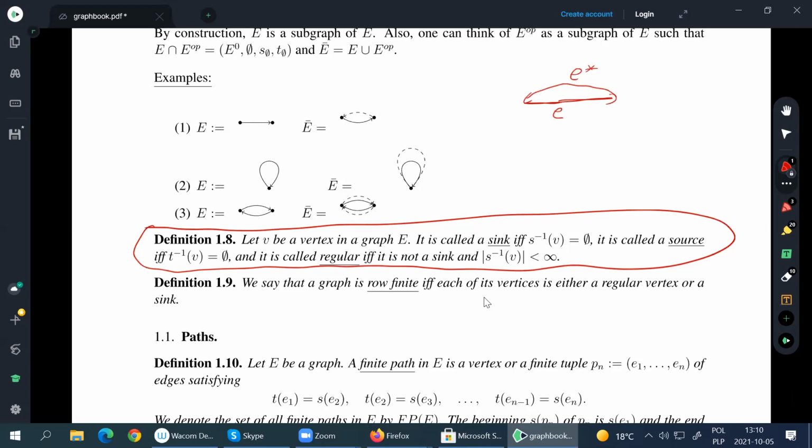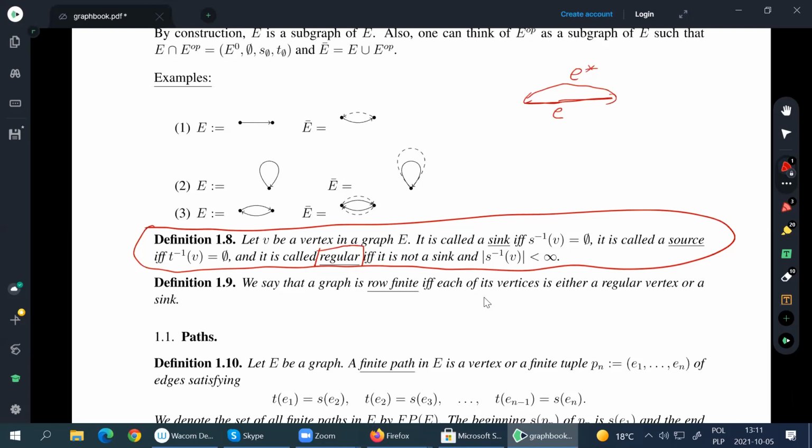And what is very important for us is called regular when, first, it's not a sink, so it emits at least one arrow, but it's not an infinite emitter. So remember, I showed you these Hong-Szymański graphs and Vaksman-Soibelman graphs and quantum CP^n graphs.